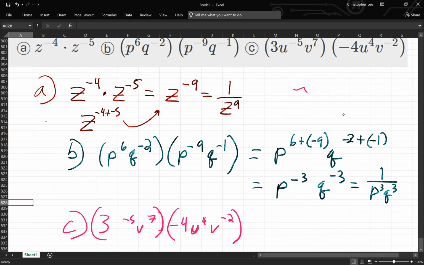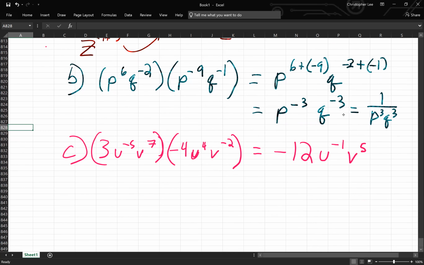So I have negative 12, u to the negative 1, and then v to the 5. Very good. So negative 12 v to the 5th over u.